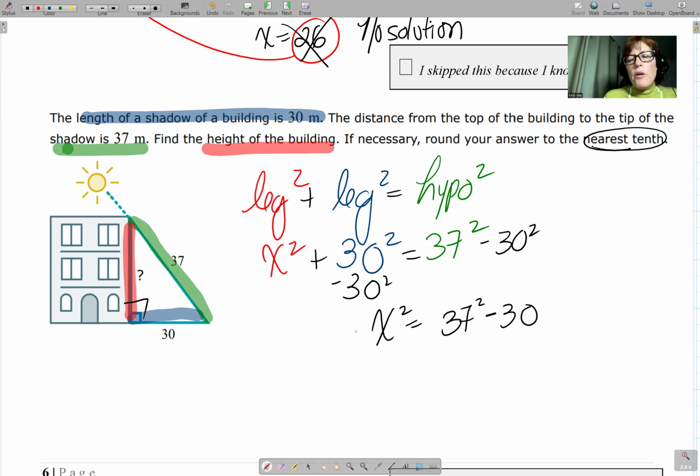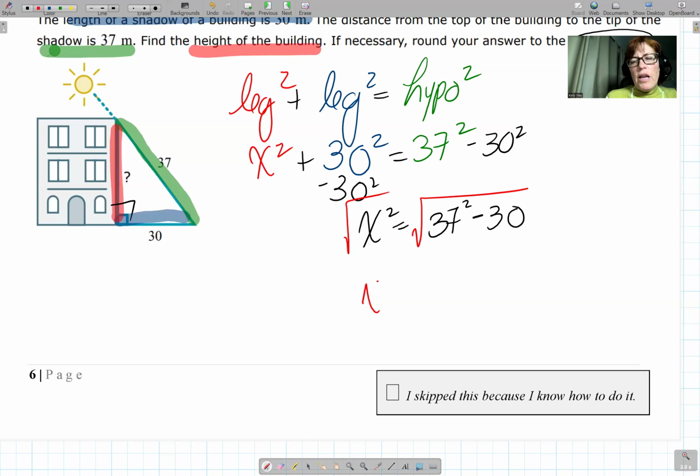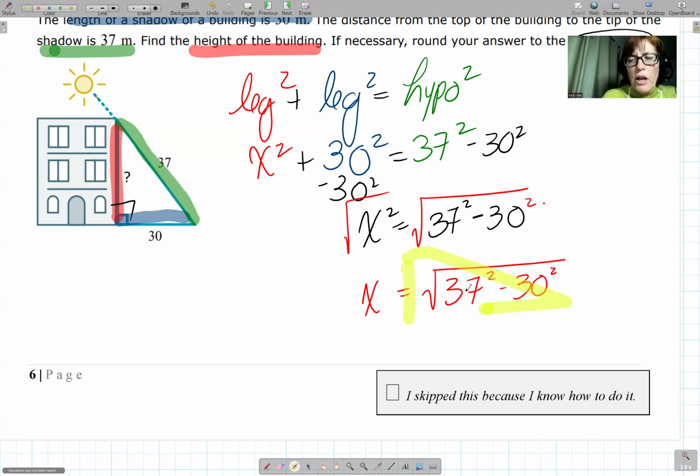The opposite of squaring is square rooting. So we have x equals the square root of 37 squared minus 30 squared. Now, x is by itself. This is what you put in your calculator.